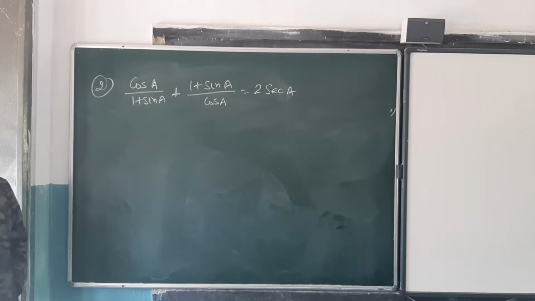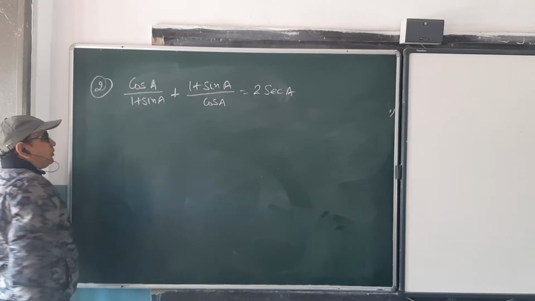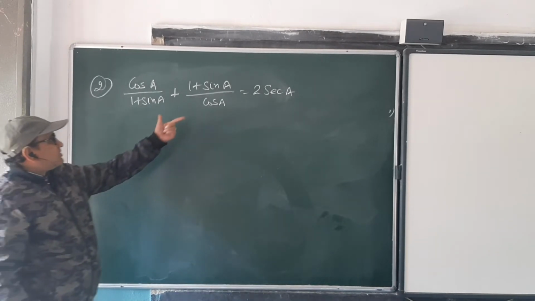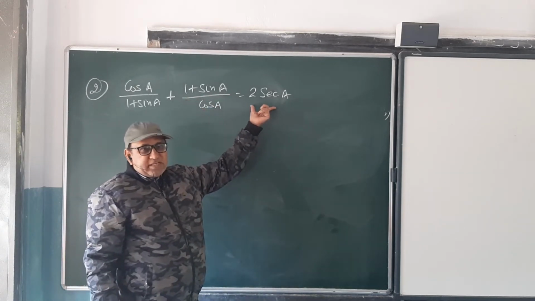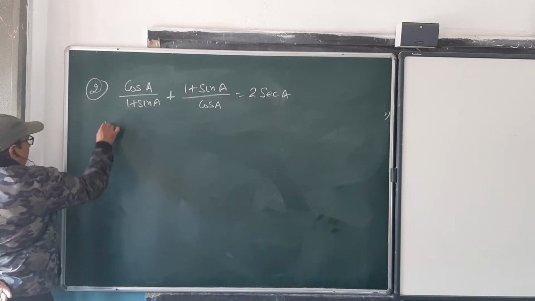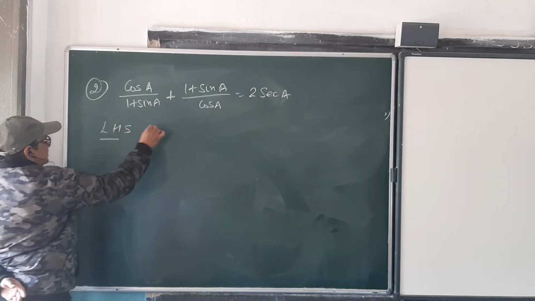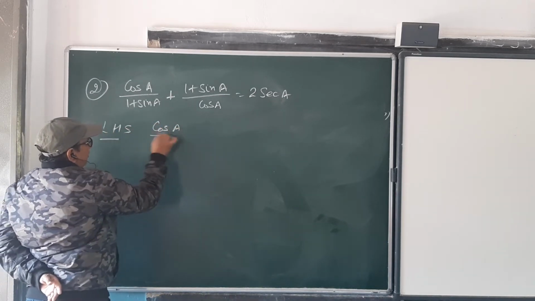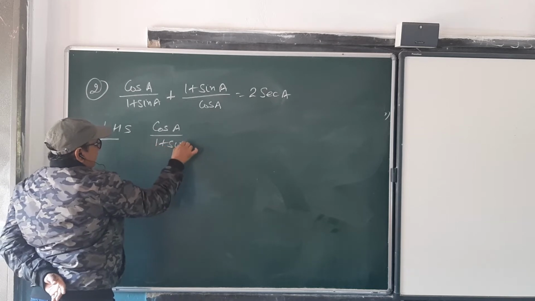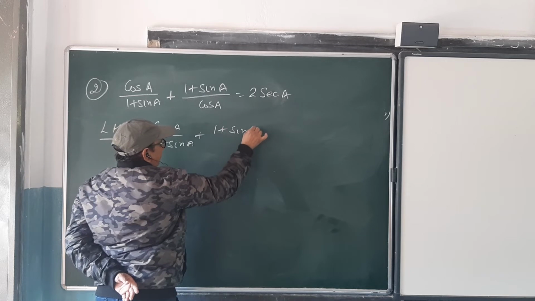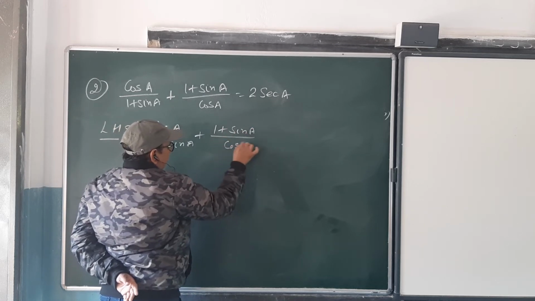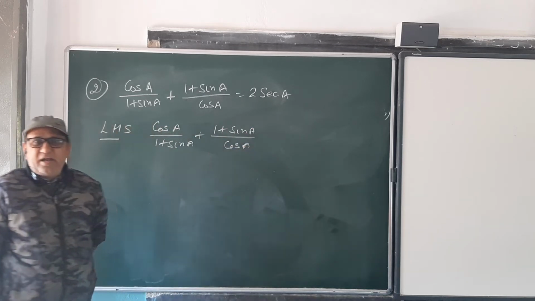Now second question: cos A upon 1 plus sin A plus 1 plus sin A upon cos A equals 2 sec A. So take the LHS: cos A upon 1 plus sin A plus 1 plus sin A upon cos A. First step, write your LHS as it is.